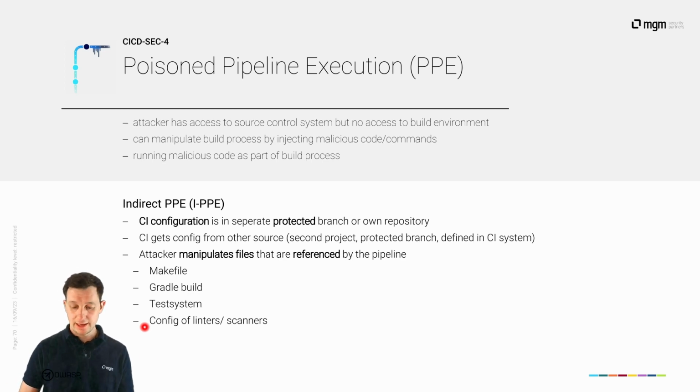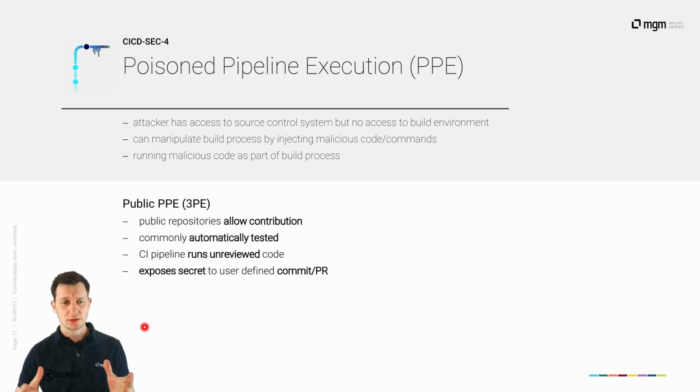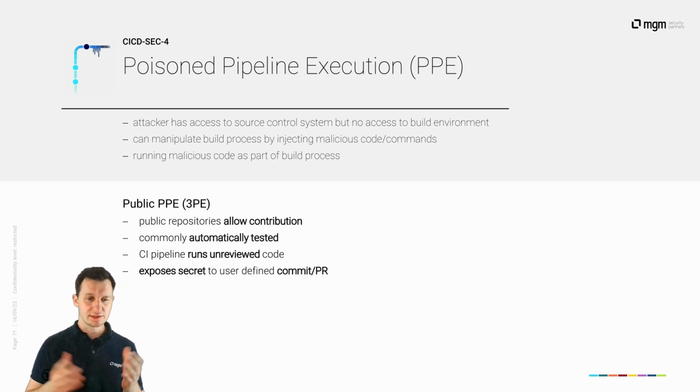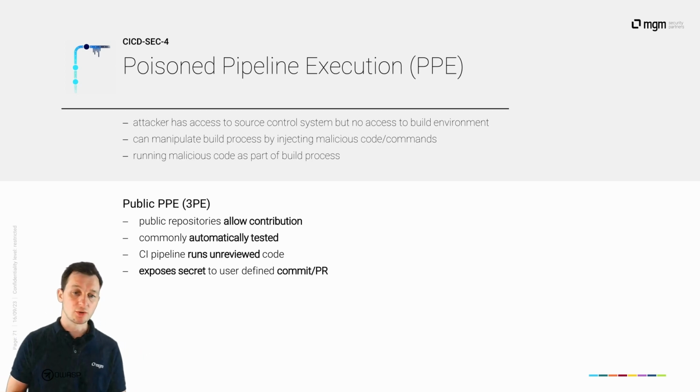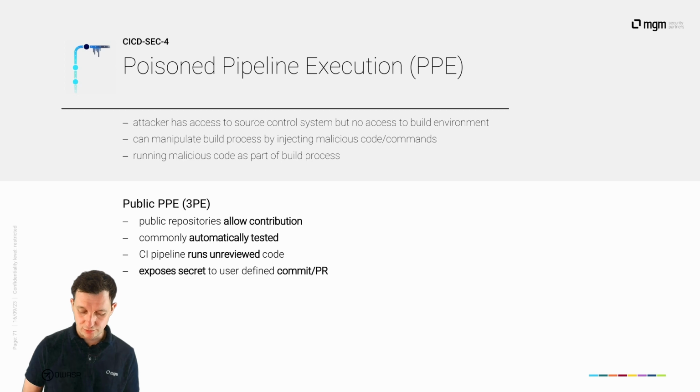Okay, then there's another third category that is called public PPE. It is just to make clear that this is mostly the case for public repositories, that many public repositories allow the contribution for every person, and to make the work of the maintainers as unannoying as possible, commonly they run tests automatically, or tests are fetched or created and run automatically.